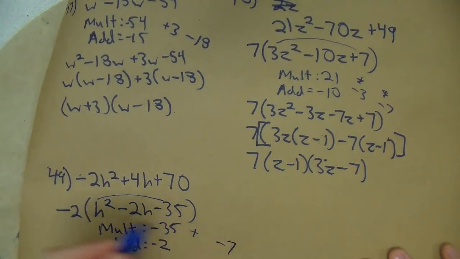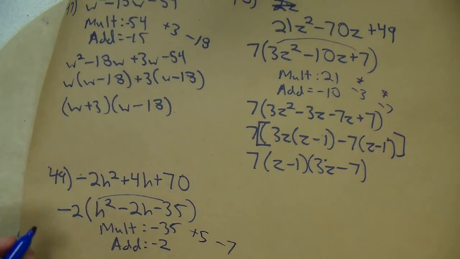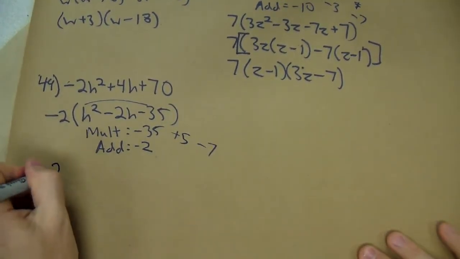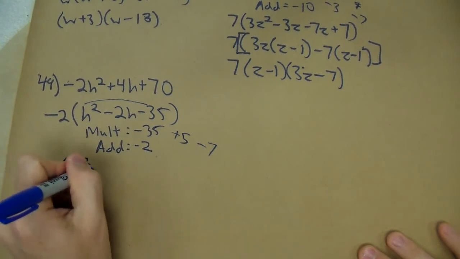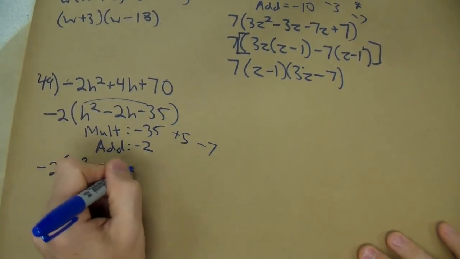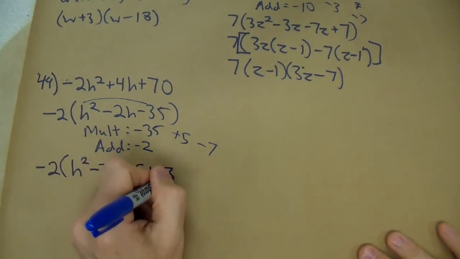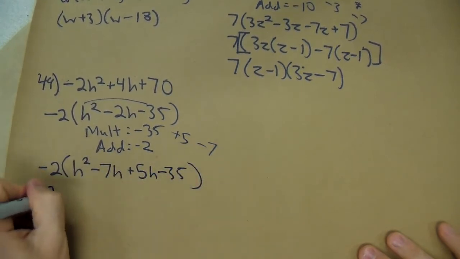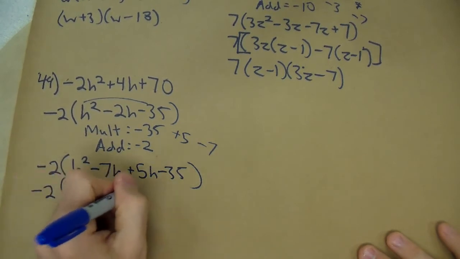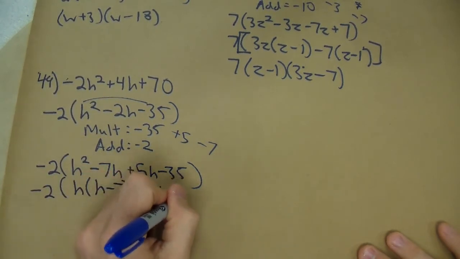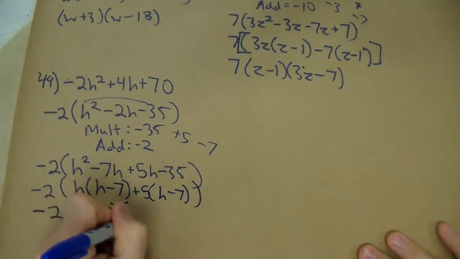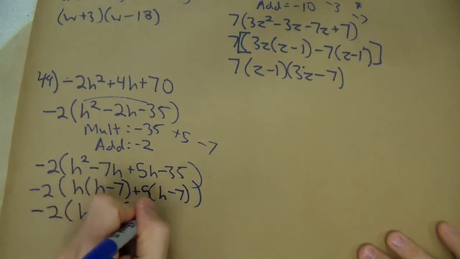I want the 7 to be bigger than the 5, so I make it a negative 7, positive 5. So we go h squared minus 7h plus 5h minus 35. This is actually one where we don't have to factor by grouping, but while we're at it, it comes out to be negative 2 times h minus 7 times h plus 5.